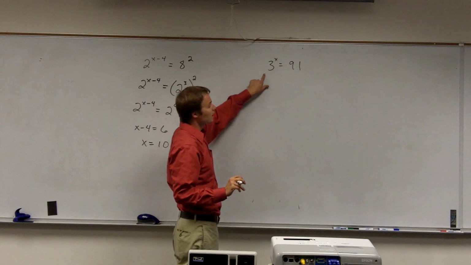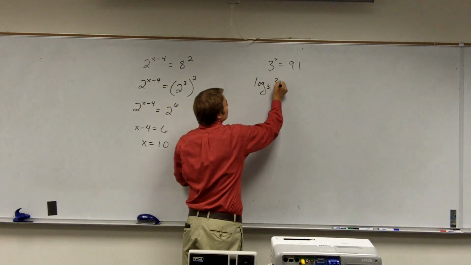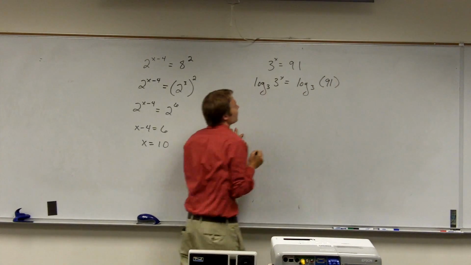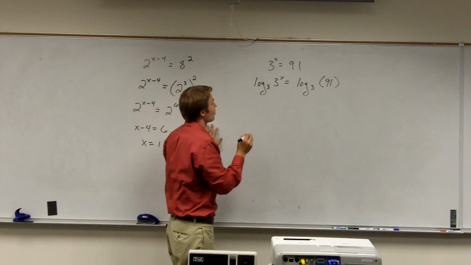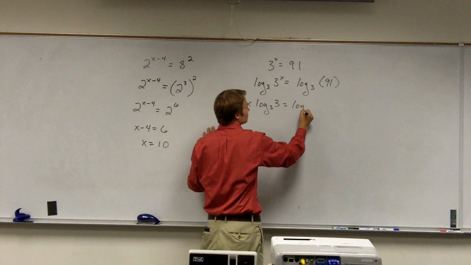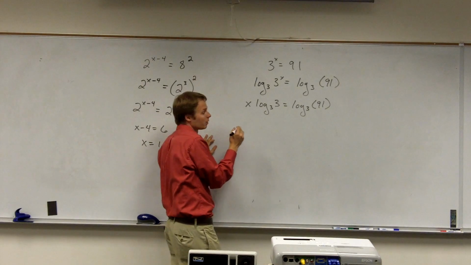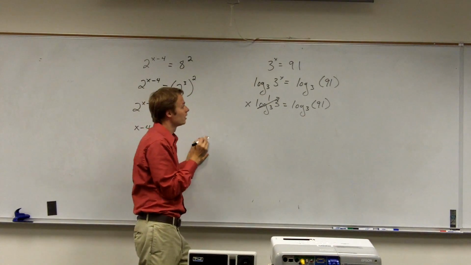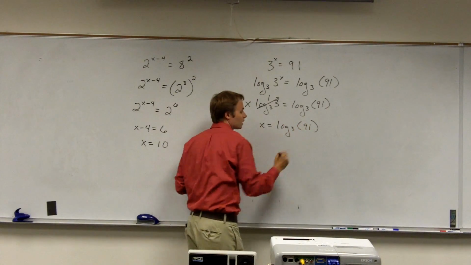I could actually just take the log base 3 of both sides as an equation, and now what I can do is bring this x down to the front, right, using my log properties. And then log base 3 of 3 is going to be equal to 1, right? 3 to the 1st power. And so I end up getting x is really just equal to log base 3 of 91.